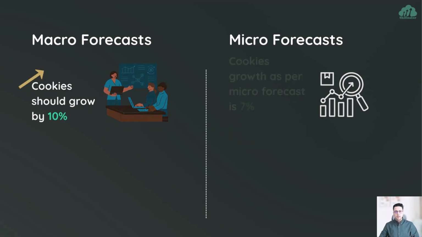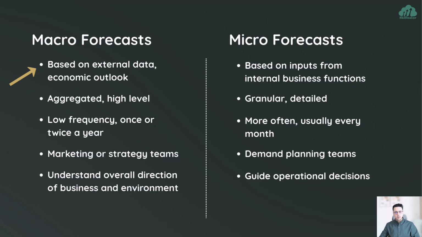To summarize, macro forecasts are created based on external macroeconomic factors. Micro forecasts are driven by inputs from internal business functions. Macro forecasts are highly aggregated, for example, category level forecast by quarter. Micro forecasts are granular and more detailed, for example, SKU level forecast by month.